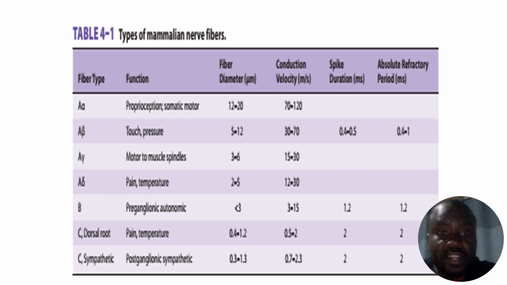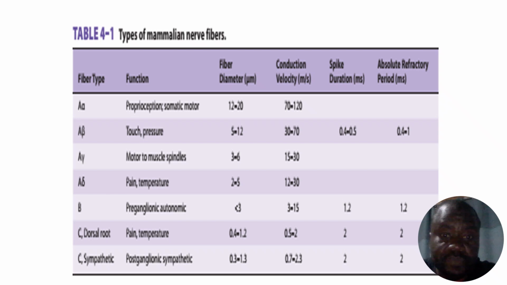And because they are larger, the type A fibers' conduction velocity is about 30 to 70 meters per second. So they are very, very fast in terms of conduction, and they are able to spike their action potentials within 0.4 to 0.5 milliseconds.